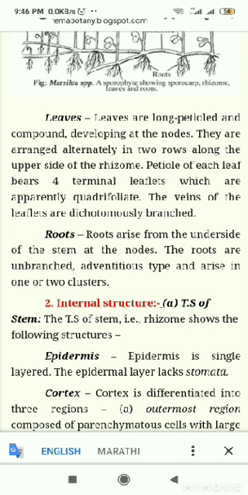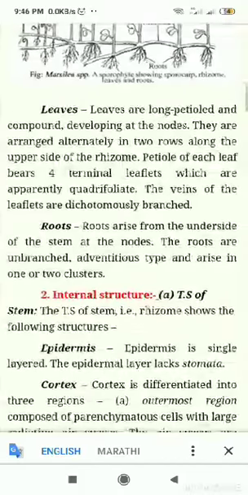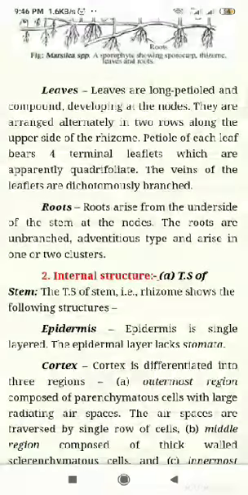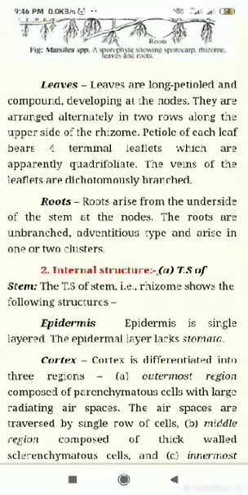Each and every leaf is developed on the nodal portion, while the internodes do not show any type of outgrowths. They are arranged alternately in 2 rows along the upper side of the rhizome. Then the petiole of each leaf bears 4 terminal leaflets, which are apparently quadrifoliate.